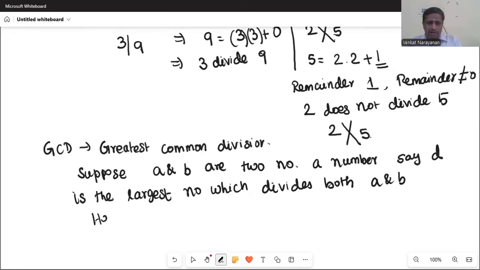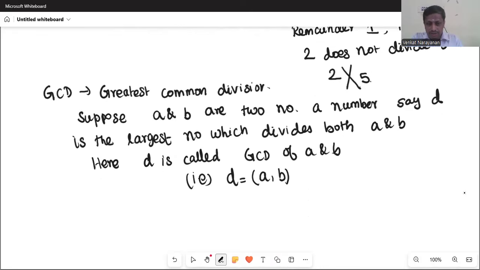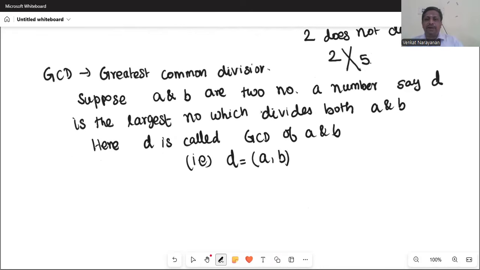Here d is called the GCD of a and b. We denote it as d equal to gcd(a, b).